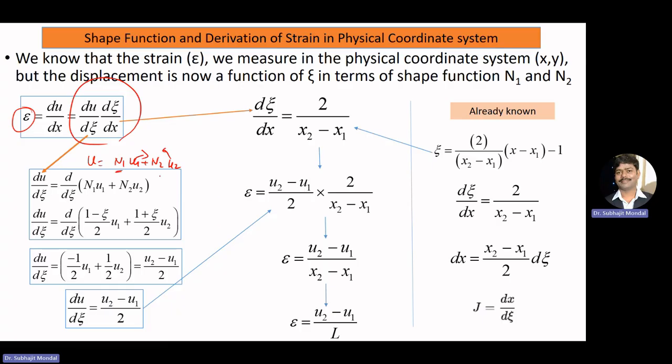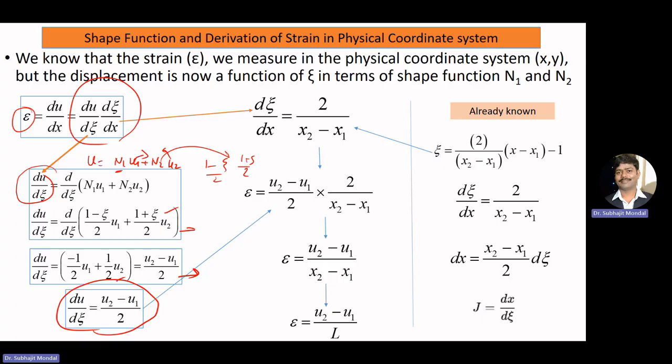N1 we already know is (1 minus xi)/2, and N2 is (1 plus xi)/2. So we can take the derivative of u with respect to xi: d by dxi of (1 minus xi)/2 times u1 plus (1 plus xi)/2 times u2. That will be minus u1 by 2 plus u2 by 2. So we can simplify: du by dxi is (u2 minus u1)/2.